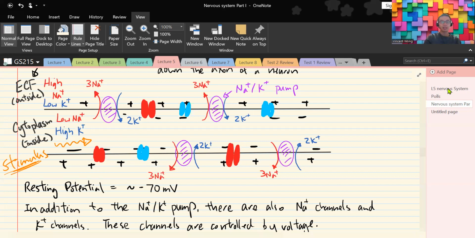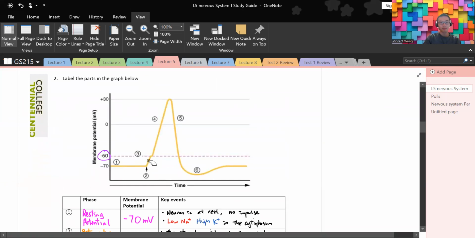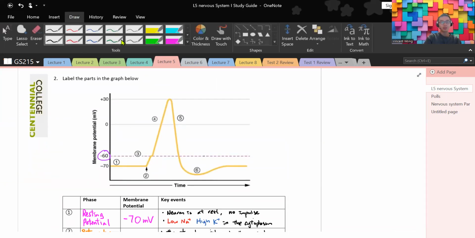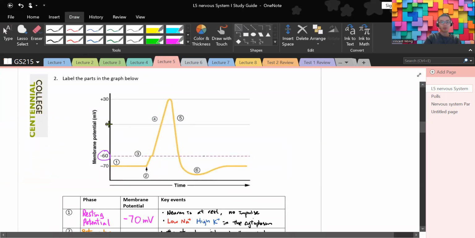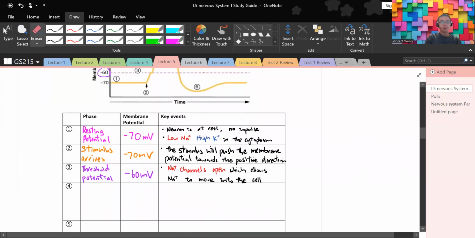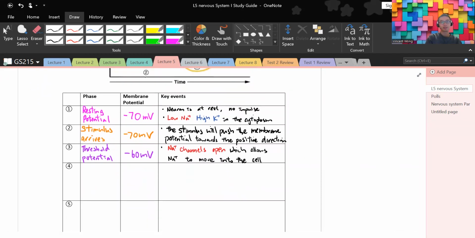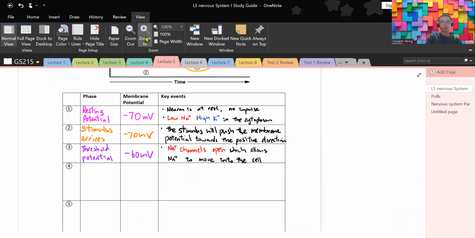That's why on the graph you see that it keeps on going up. In fact, you are going to cross 0 and become positive. And so number 4 here, this whole section, is called depolarization.